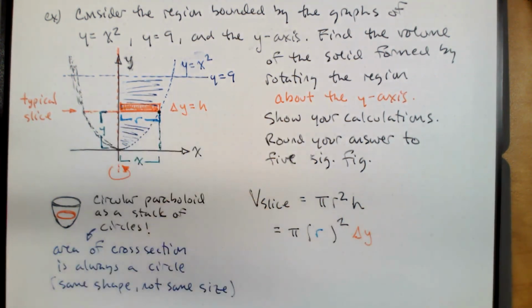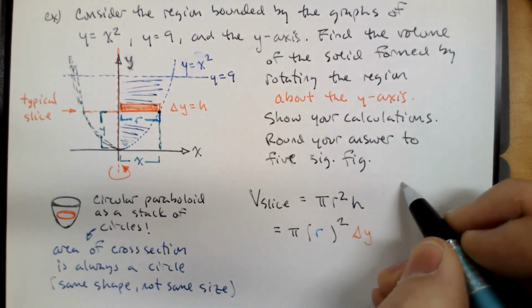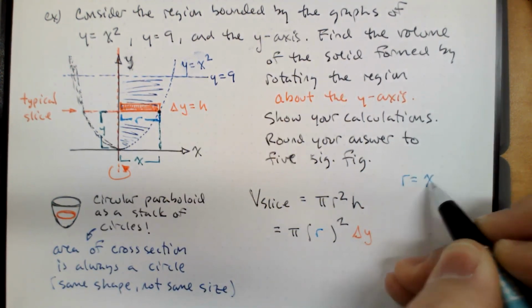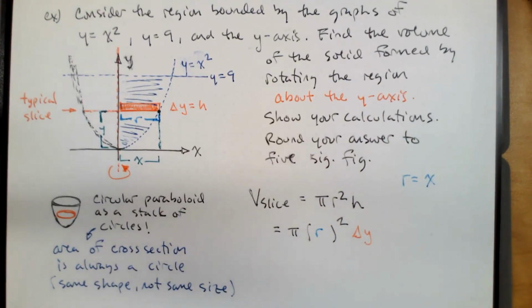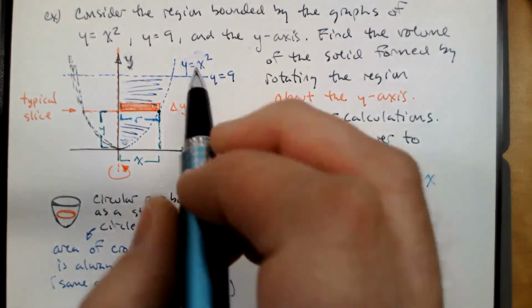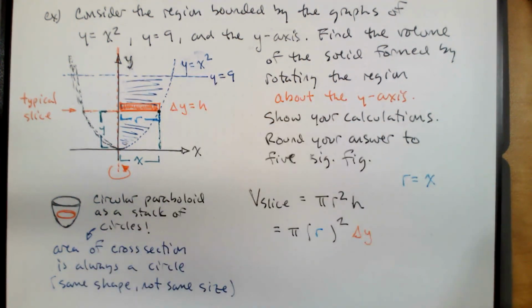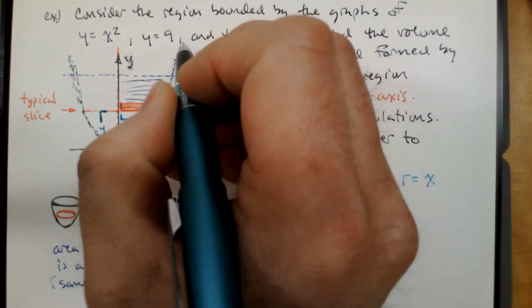The radius is equal to x. See, r here, that's x there, but then I look at my delta variable, and my delta variable is delta y. I can't just put in x and integrate x squared dy. I have to write r in terms of y. Fortunately, if y is equal to x squared, then x is the square root of y.